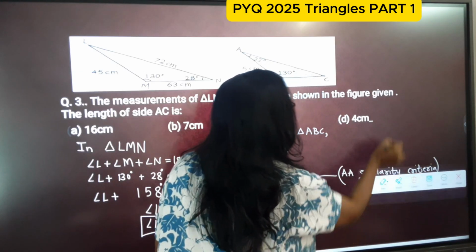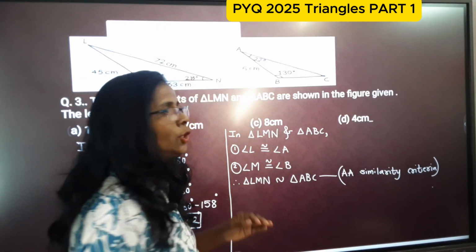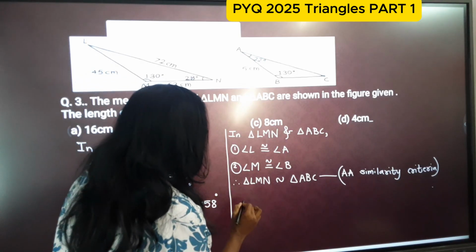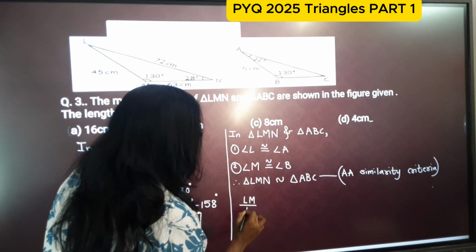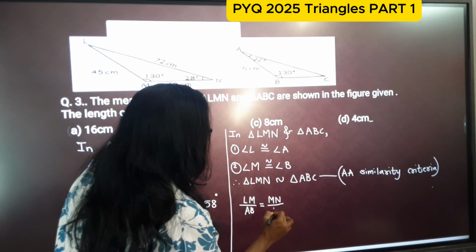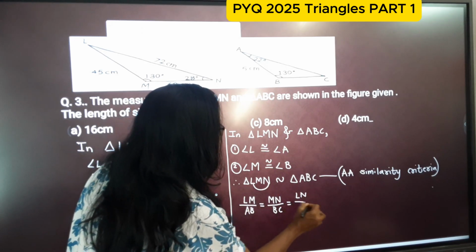Okay. So now here students, as the two triangles are similar to each other, their side ratios are equal. That is LM upon AB is equal to MN upon BC is equal to LN upon AC.